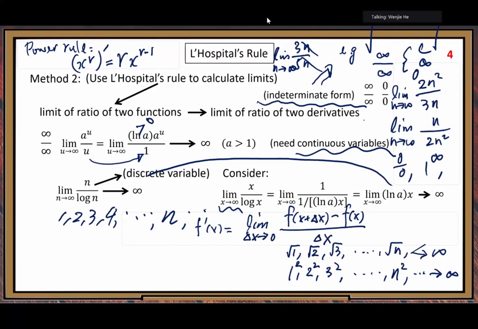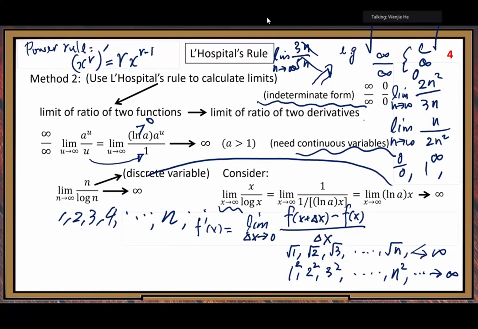Otherwise, because we cannot apply it on this version, we move to a convenient version to apply L'Hopital's rule. But after we do the work here, we need to get back. And when we get back, we need to justify it, right? We can come back.